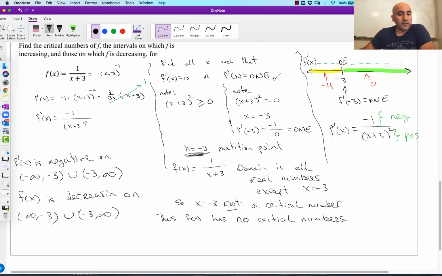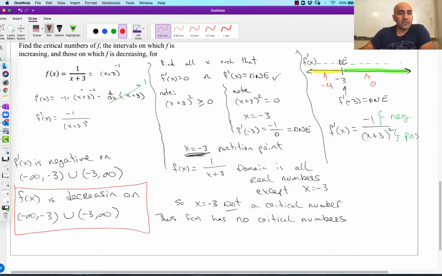The derivative is undefined there. And if we come back and think about the original function, it is also undefined at -3. So we cannot glue it together like we did before and conclude that it's decreasing on all real numbers. We can't do that. We have to stop here and say that these two are the intervals where our function is decreasing. Right, so this is our answer.